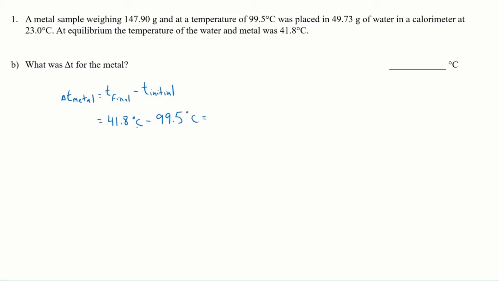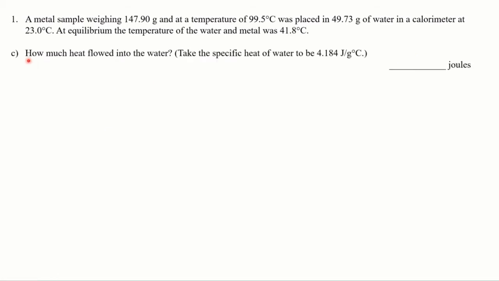So here, if we look, again, like I said before, we have to be careful with the negative and positive sign. And here we have a negative change of energy, negative, to be exact, 57.7 degrees Celsius. So the metal lost temperature or lost energy. Its temperature dropped, and it dropped by negative 57.7 degrees Celsius.